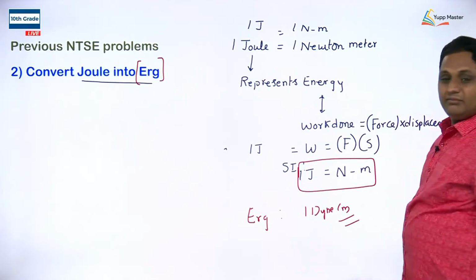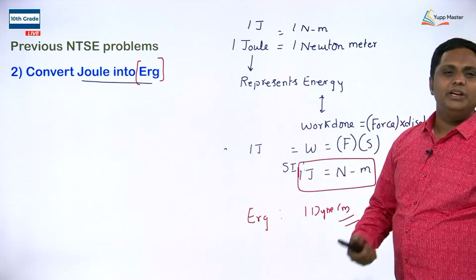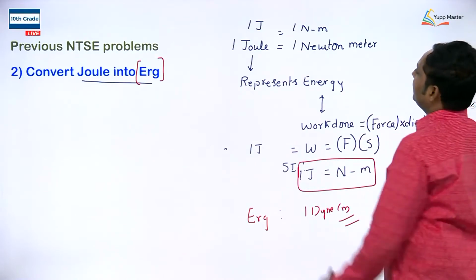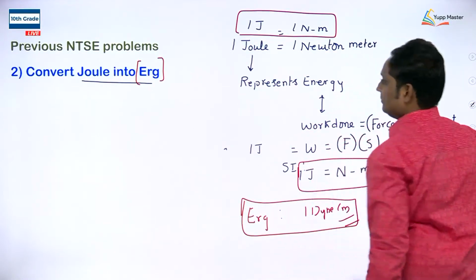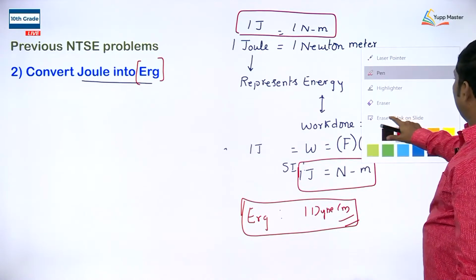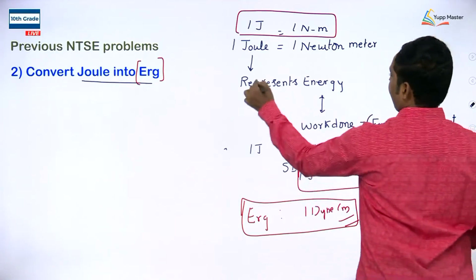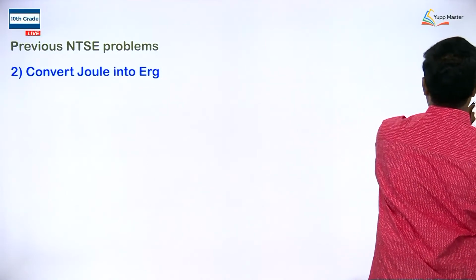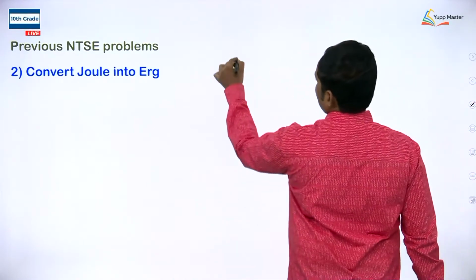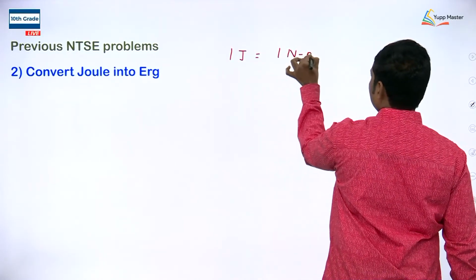Now, its conversion is related to that representation, so you have to do the calculation and the substitutions. 1 joule is equal to 1 Newton meter. It is very clear.